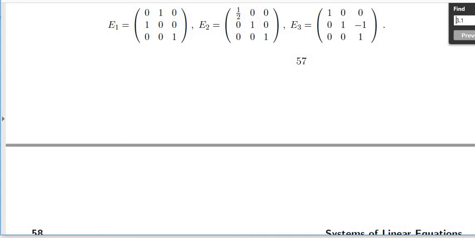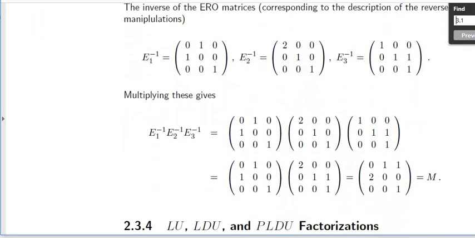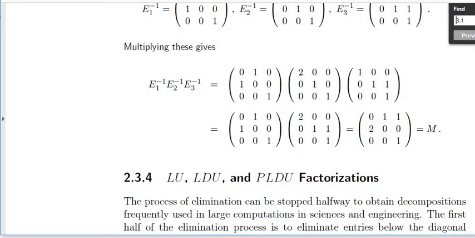So that gives me this elementary row operation matrix, with a 2 in the top instead of a 1/2. In this case, instead of subtracting the third row from the second row, I add the third row back to the second row, so this is the inverse of the previous one. Now if I multiply these three matrices together, you can check that you recover your original matrix back again. So it all works together in a nice, neat package.